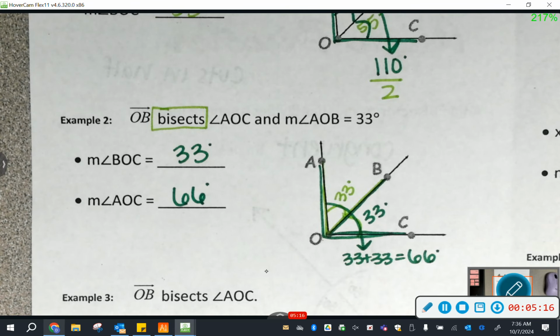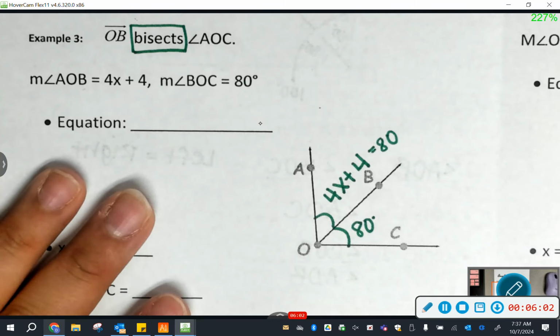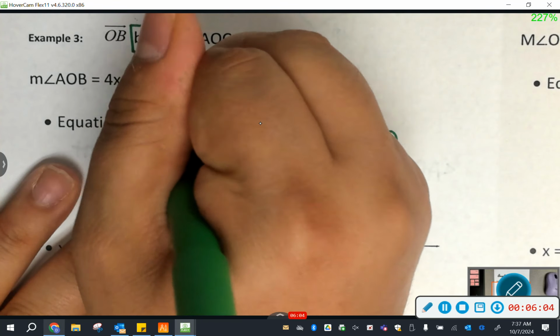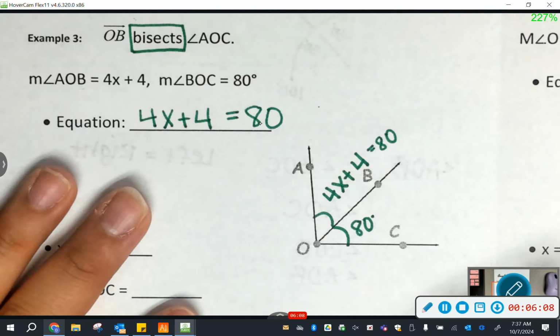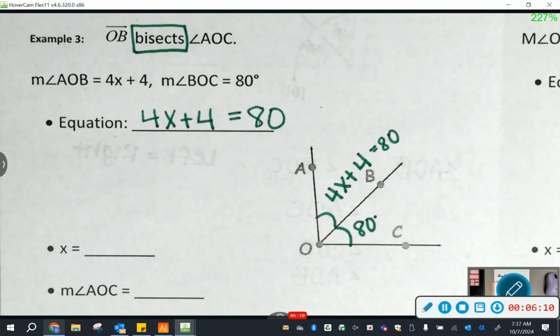Well, what do I do to create an equation? What do I know? Left equals right. If this is 80, what's this right here? So can I make this equal 80? Because they're the same. And that's your equation. 4x plus 4 equals 80. How do I find x?